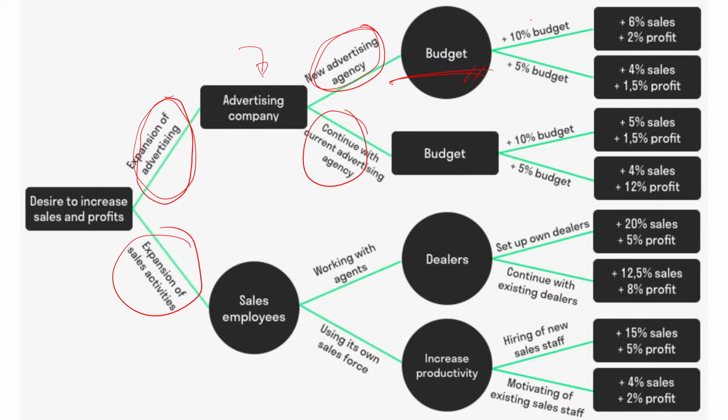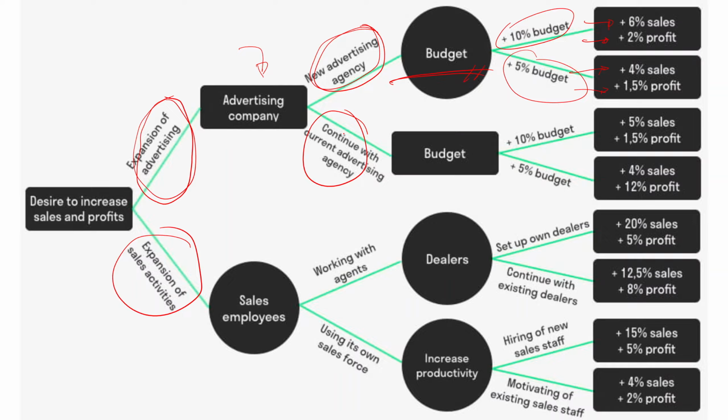If you have a plus 10% budget, there might be a positive 6% increase in sales and 2% increase in profit. If 5% of the budget, then you might have a 4% increase in sales and 1.5% increase in profit.